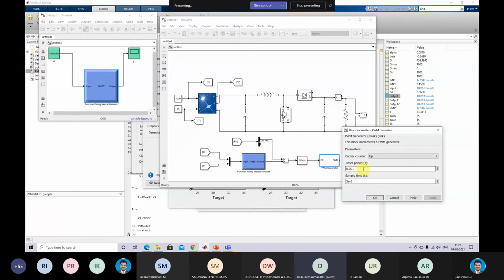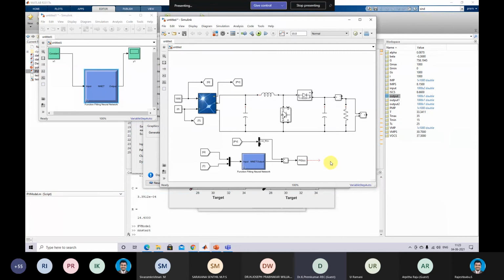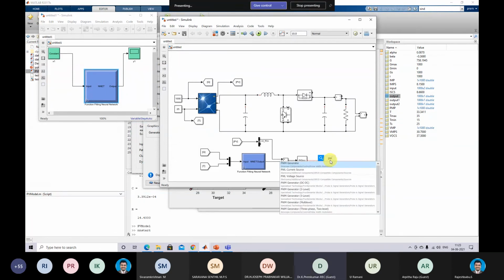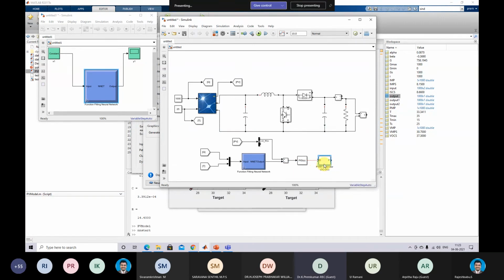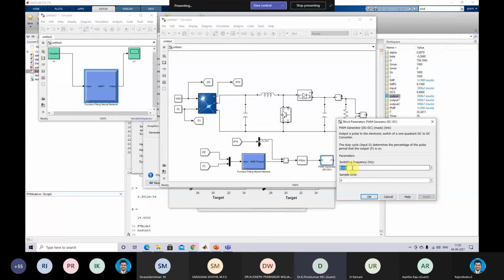The frequency here is 10 power 3, 10 kilohertz.